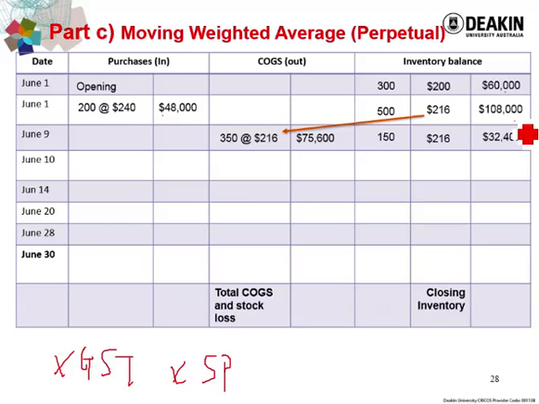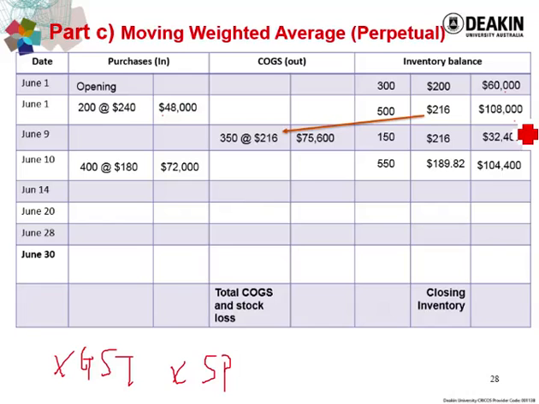On 10th of June, we purchased 400 units at $180 each exclusive of GST. So every time when we made a new purchase, we will recalculate the unit cost, and the updated unit cost is 189.82, which is 104.4k divided by 550.